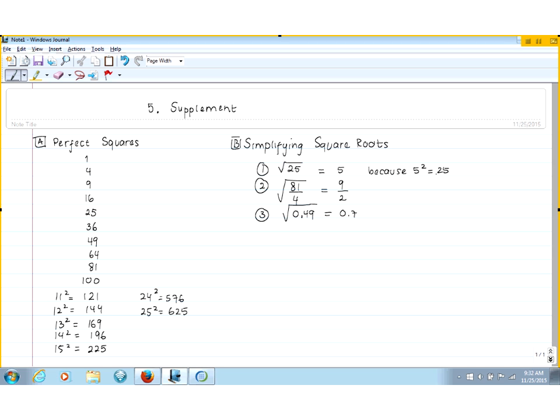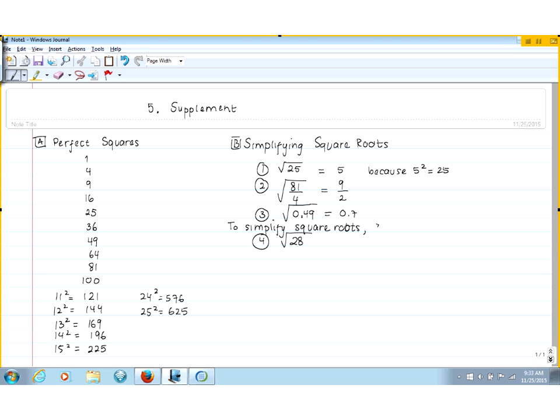Now, what I'm trying to do is something else. Basically, we want to simplify something like the square root of 28. How are we going to simplify the square root of 28? We factor out the largest perfect square from 28. If it is a perfect square, it's good.